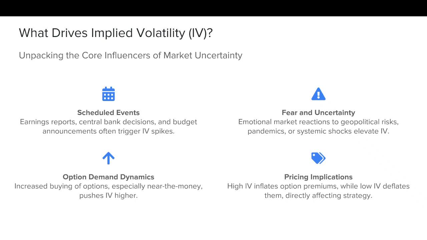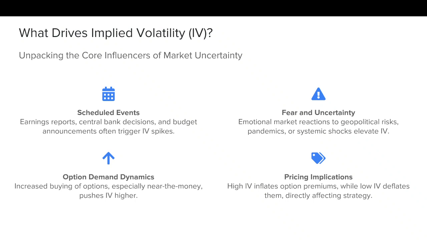Now, it's not just planned events only. Sudden geopolitical tensions, market panics, or black swan events like the COVID-19 pandemic rapidly elevate uncertainty and fear. This emotional aspect of market psychology feeds directly into IV. Elevated uncertainty equals higher risk premium, which in turn means costlier options.